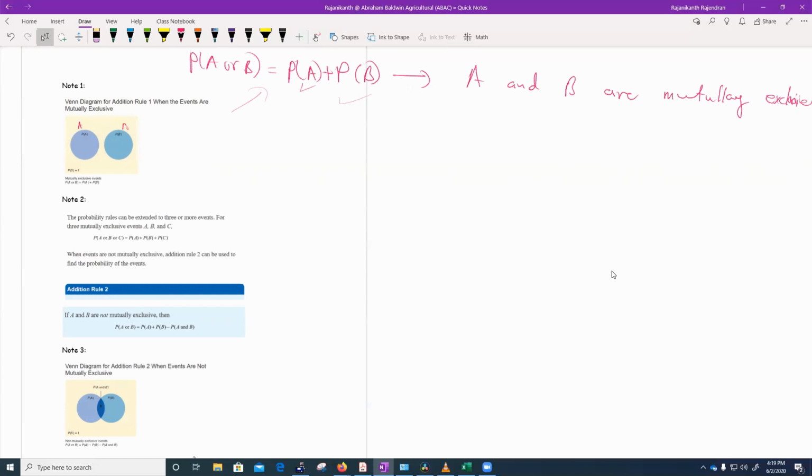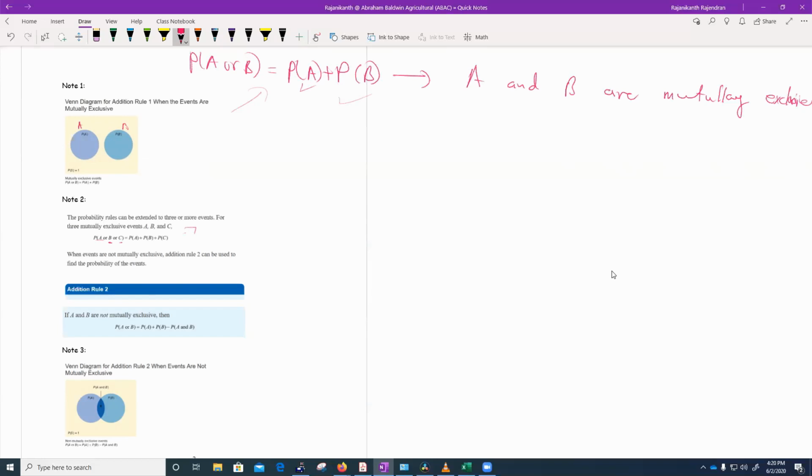Suppose you have 3 mutually exclusive events A, B, and C, then the probability of A or B or C is given by simply the sum of all 3. You could even extend to 4, 5, 6, and so on. When events are not mutually exclusive, this formula is not valid. Now you have one more formula for that. This formula is valid only for mutually exclusive events.